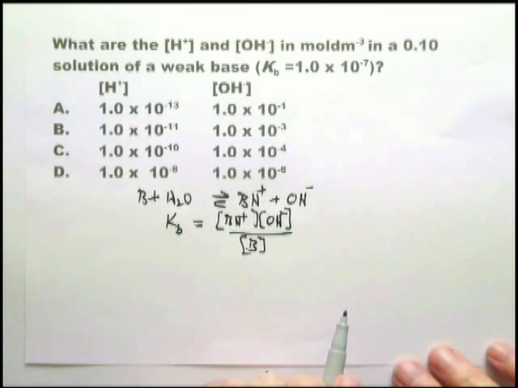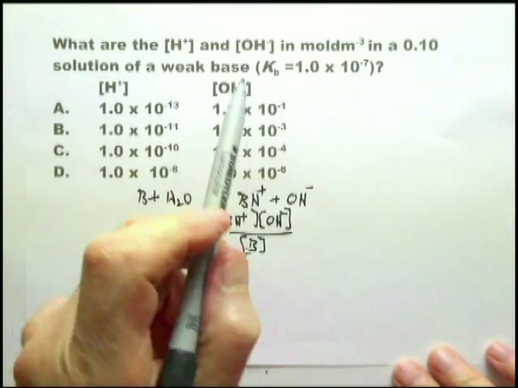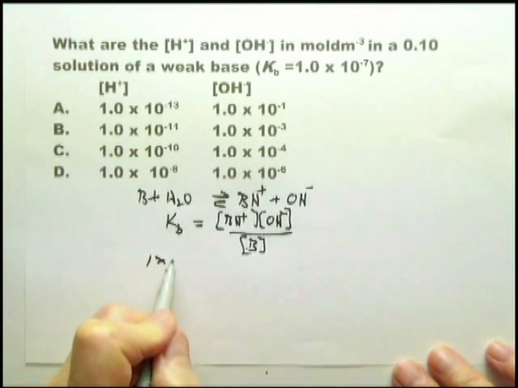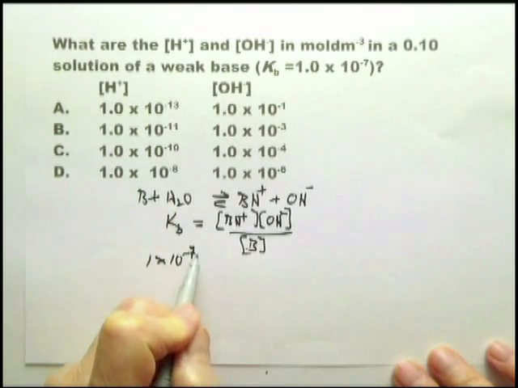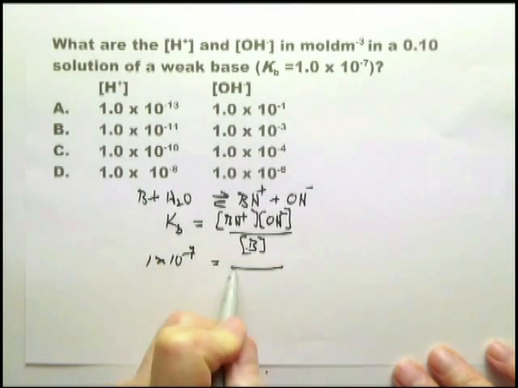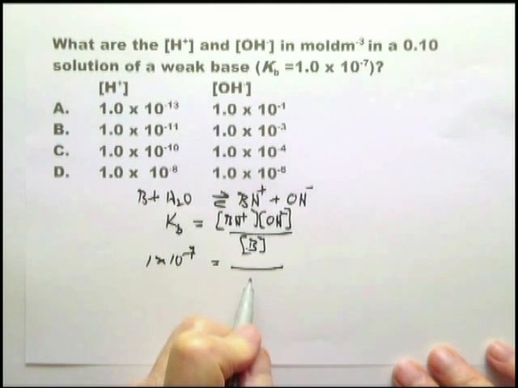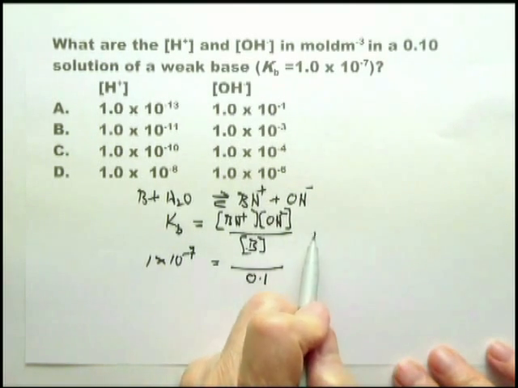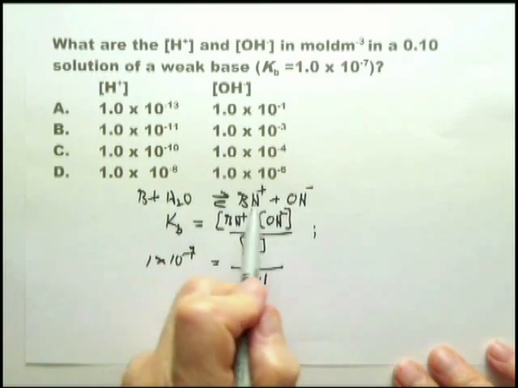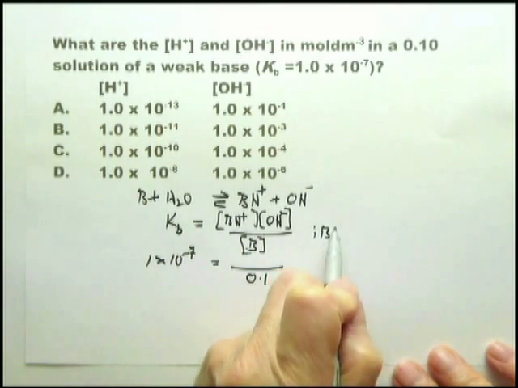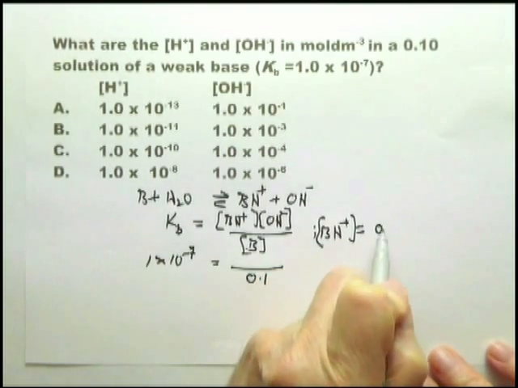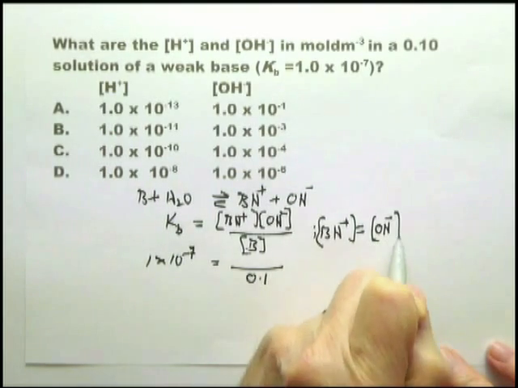Now, the things we know. We know the Kb, 1 times 10 to the minus 7. We know the concentration of B, 0.1. And in addition, because of this equation, we know that the concentration of BH plus equals the concentration of OH minus.